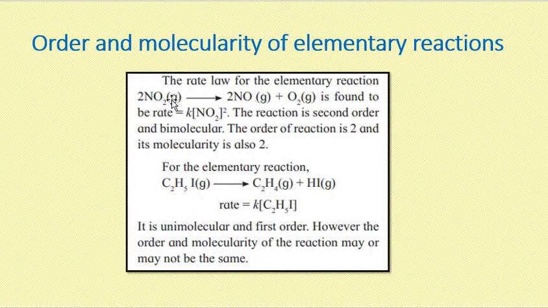And there are 2 moles of NO2 participating in the reaction, that is why we call it a bimolecular reaction, having molecularity 2. Similarly, the decomposition of ethyl iodide has order 1 and it is a unimolecular reaction. Children, it is not compulsory that the order and molecularity of a reaction always remain the same. They may be different for different chemical reactions.